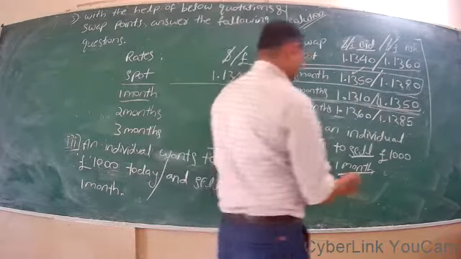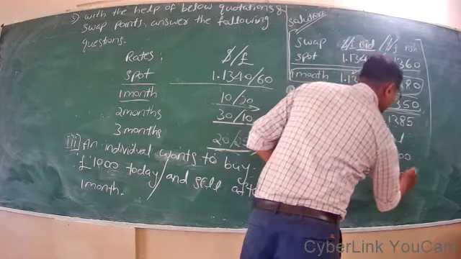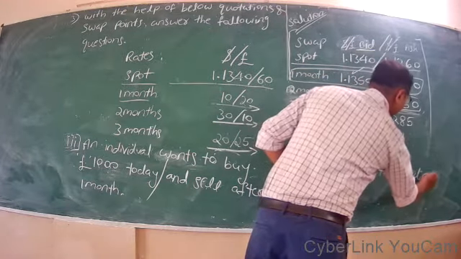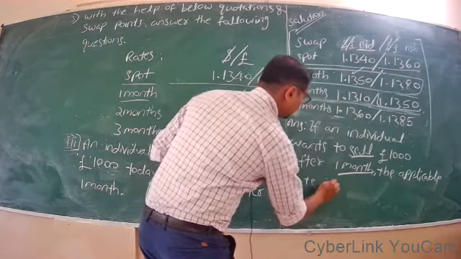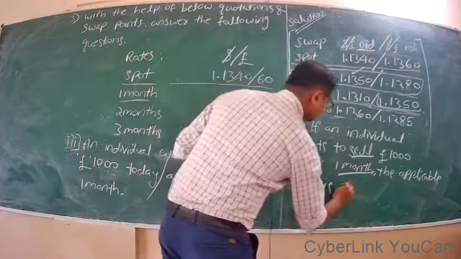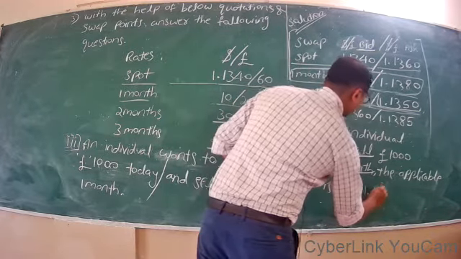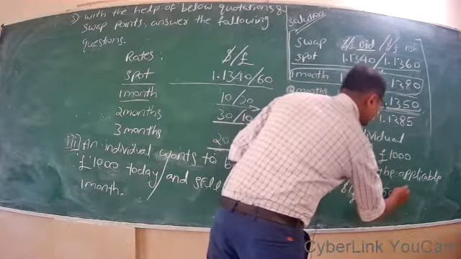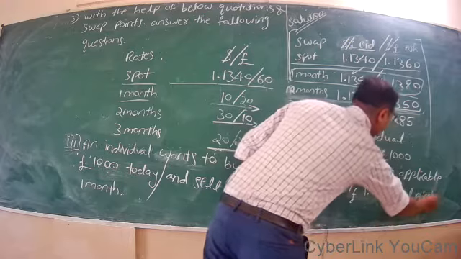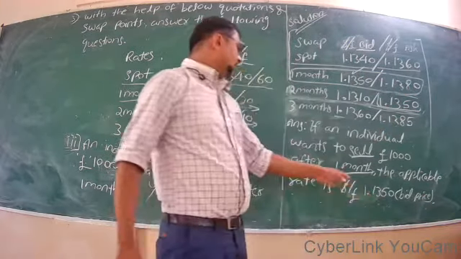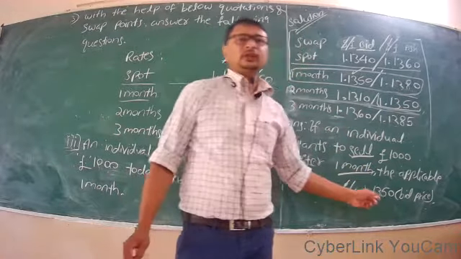After 1 month, the applicable rate is dollar per sterling pound 1.1350. That is the bid price. If he is going to sell 1 sterling pound, he will get $1.1350.